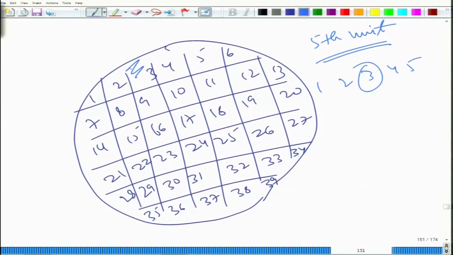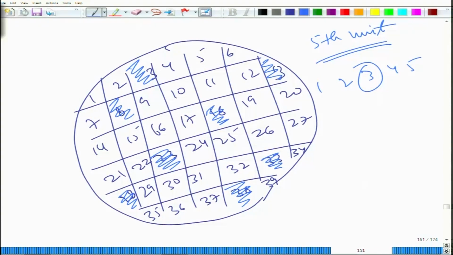Then the third one is a part of the sample. Now, counting 1, 2, 3, 4, 5, the 8th one becomes a part of the sample. Next, the 13th one, then the 18th, then the 23rd, then the 28th, the 33rd, and the 38th become a part of the sample.